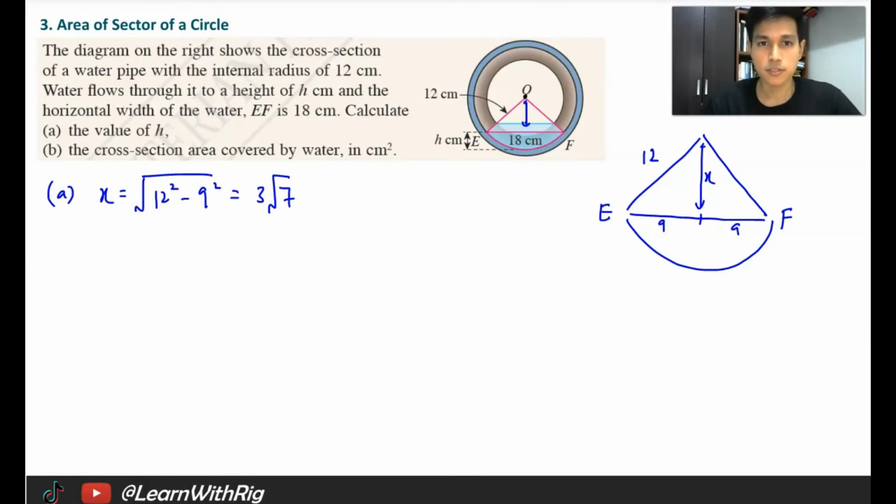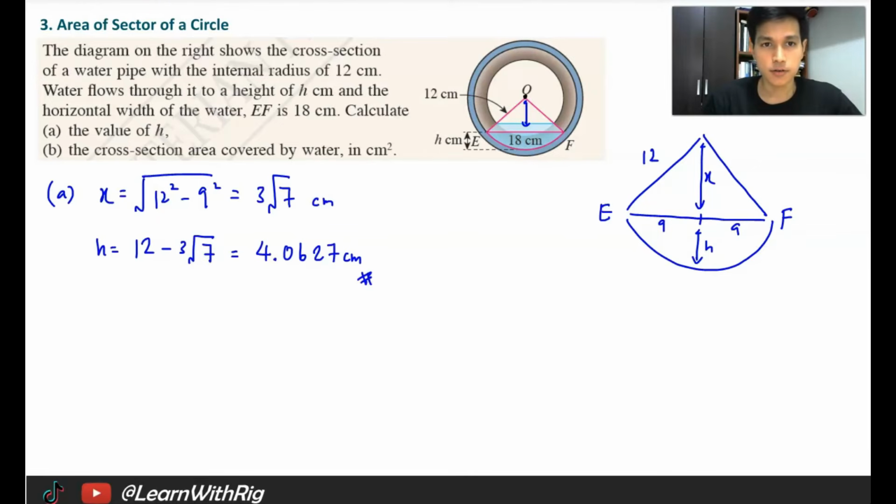Now you want to find the height, which is here. The height is the radius, 12, minus 3 root 7. So your answer is 4.0627 cm. This is the height.